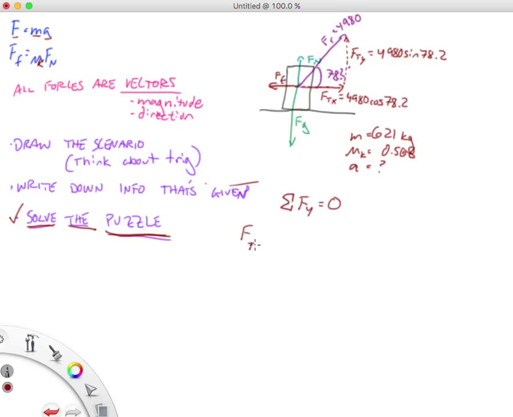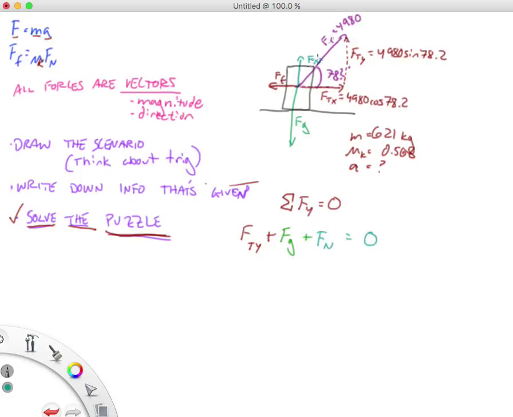The force due to tension in the y direction, that's this force right here, plus all the other forces in the y direction, plus the force due to gravity, plus the normal force. All these forces added together will give you 0.